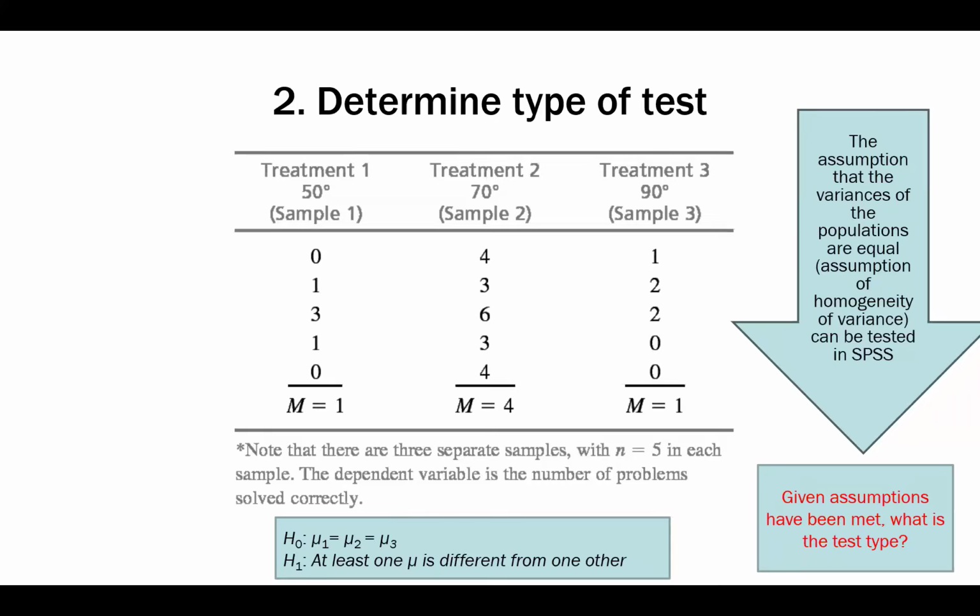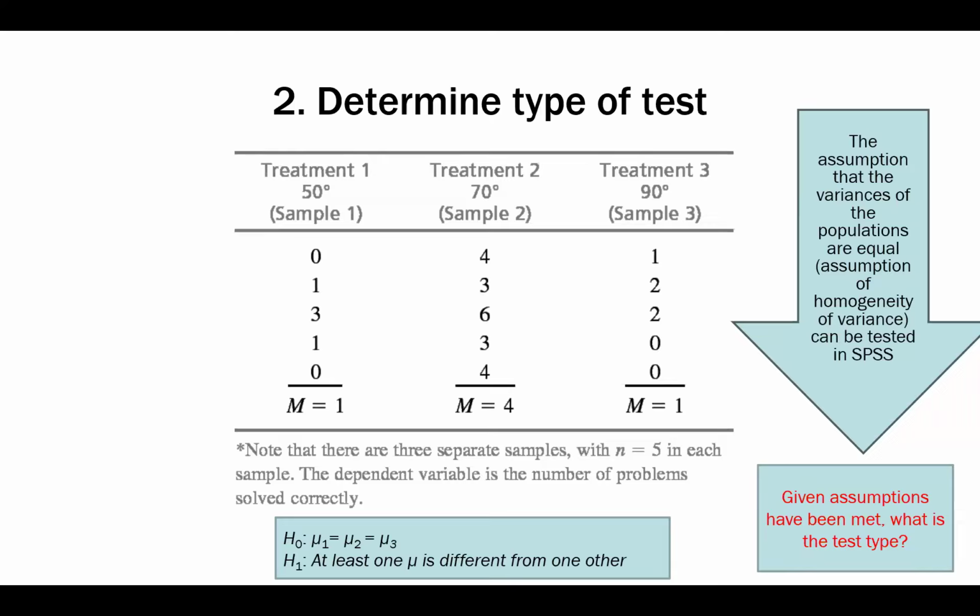So now we have to think about our assumptions. The assumption we're primarily worried about is the assumption of homogeneity of variance. You can test this in most computing programs, including SPSS. For the purposes of this demonstration, I'm going to state this assumption is met.